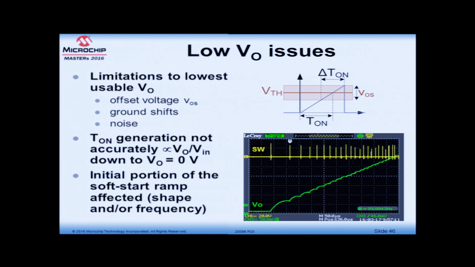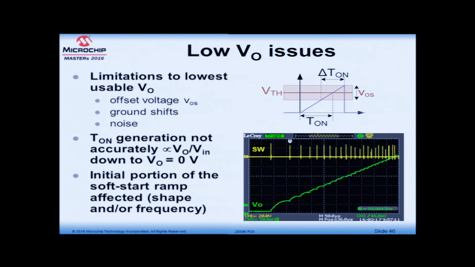The bottom line is you cannot expect to generate an on-time which is accurately proportional to the ratio you want all the way down to 0 volt.